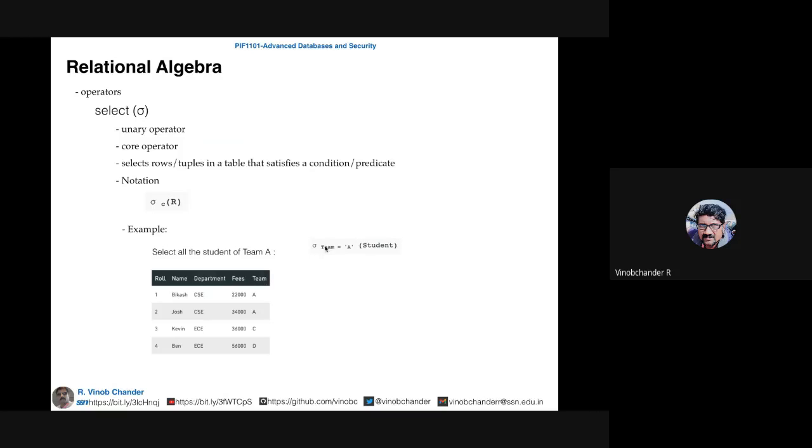So we say team equal to A. Unlike programming languages where you use double equal to, in relational algebra you specify equality with a single equal to: team equal to A. When you make use of this operation, what you get is a relation or table with just the rows that satisfy this condition.